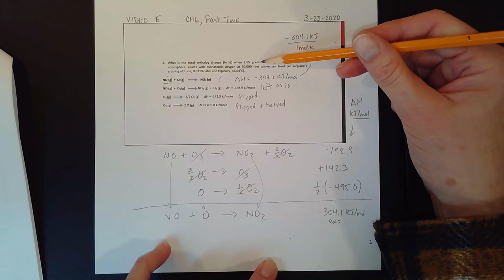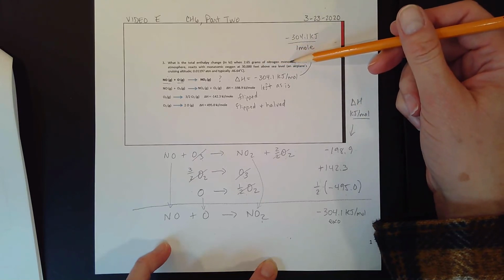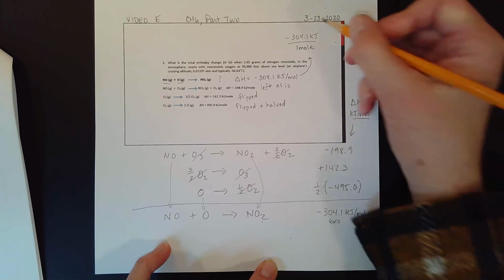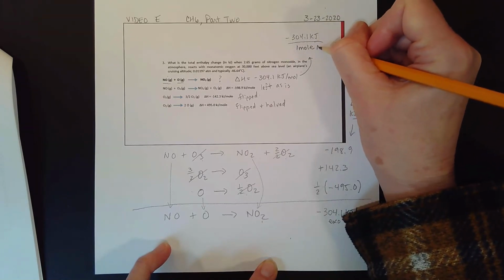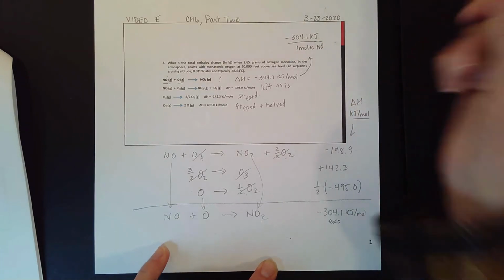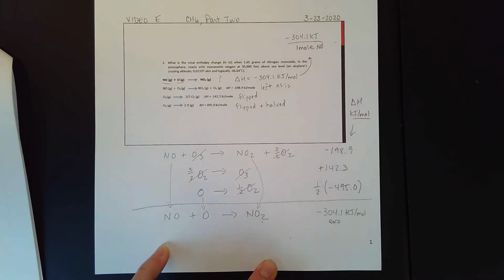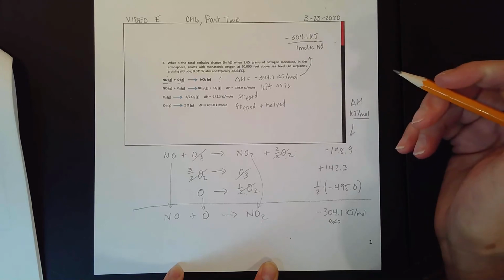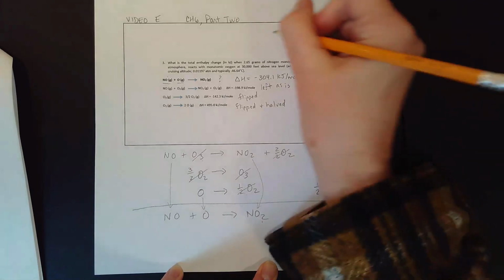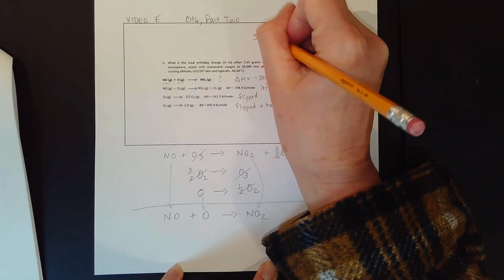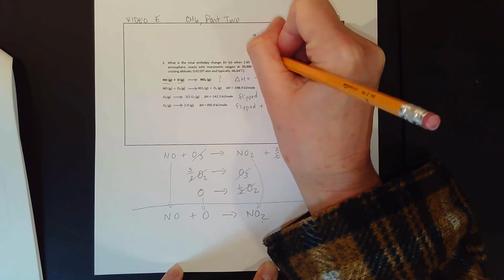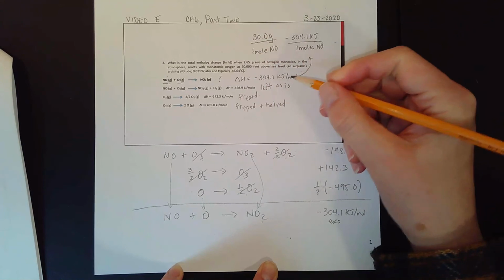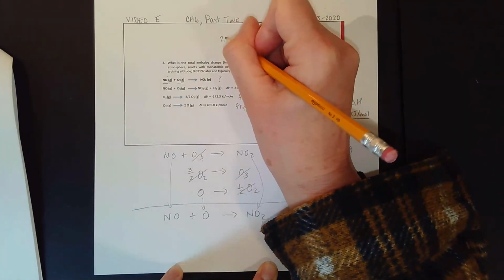We're asked about grams of nitrogen monoxide, and here we know that this is negative 304.1 kilojoules per 1 mole. So what else might we need here if we're going to jump over to mass? Well, we're probably going to need the molar mass. Okay, and then we also have this 2.65 grams given.